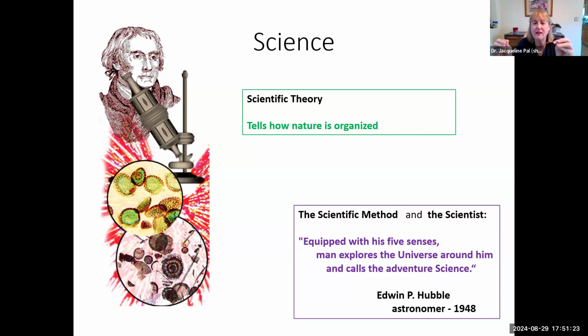A scientific theory basically tells us how nature is organized. So the fact that we say the sun is the center of our current solar system, that's a scientific theory. Yes, we give it to you in the textbook as the truth, but in reality, it's scientific theory.